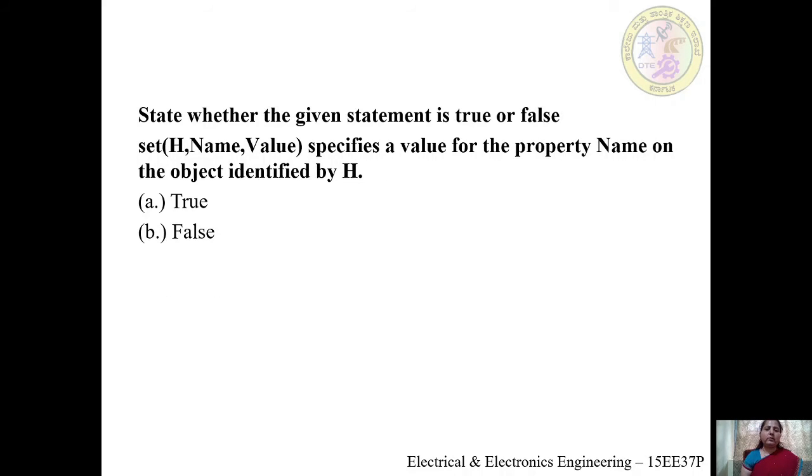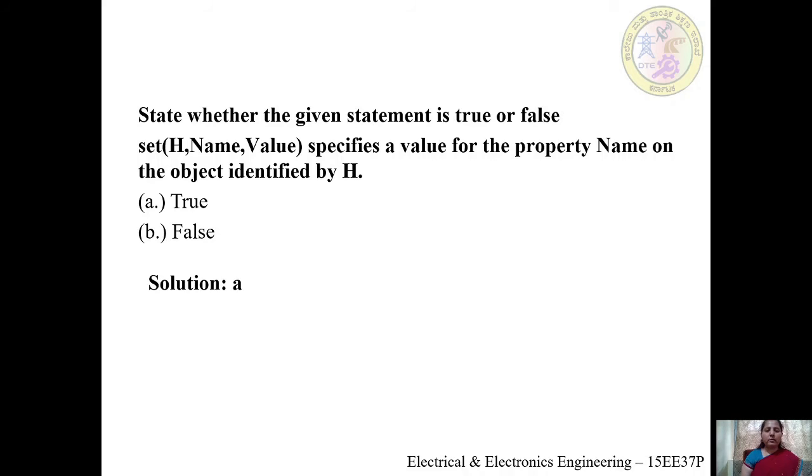Then the next question. State whether the given statement is true or false. So this is on the set command. So set, then you have h, property name, and then value. Specifies a value for the property name on the object identified by h.